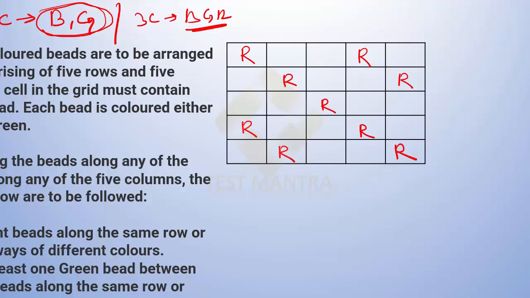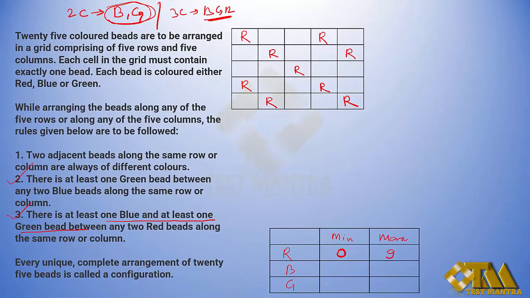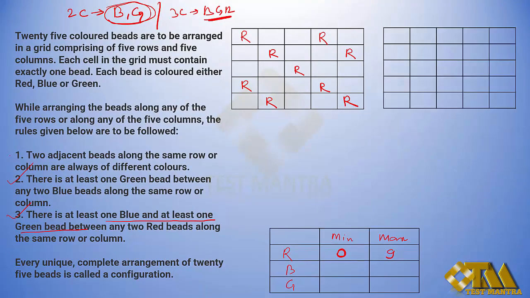So let's try to identify something else also. Here, suppose I am minimizing my number of reds. That means I'll definitely be maximizing either my blue or else green. So now here I'll take the case of maxima where I can have a maximum of 9 reds available here.